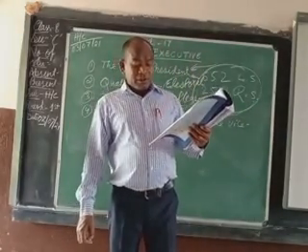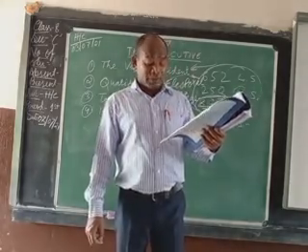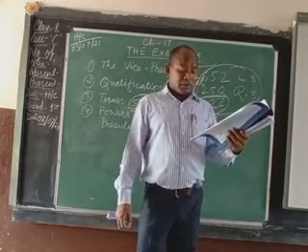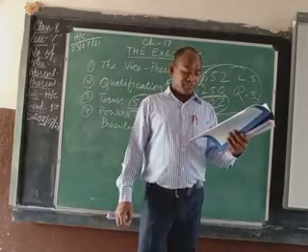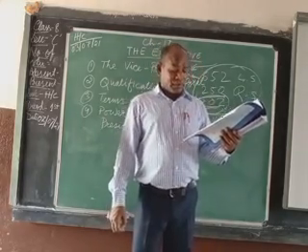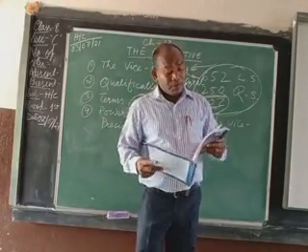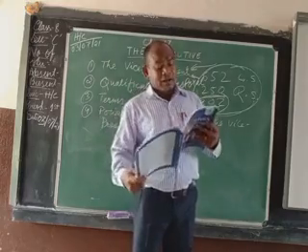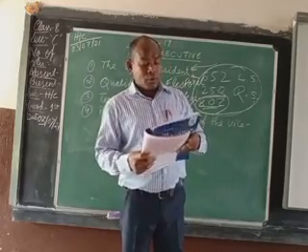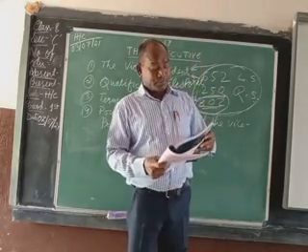The Vice President takes over the office of the President under the following situations. First, death of the President. Second, resignation of the President. Third, removal of the President, or when the President is unable to discharge his functions owing to absence, illness, or any other cause.